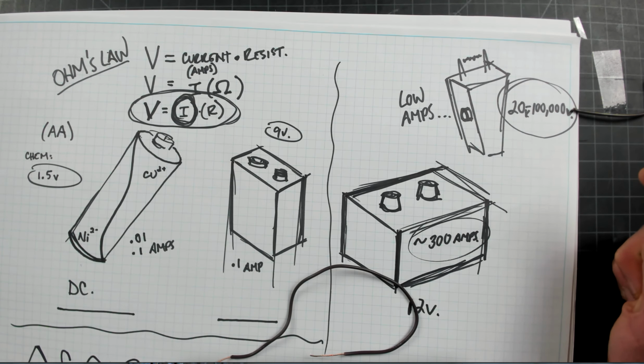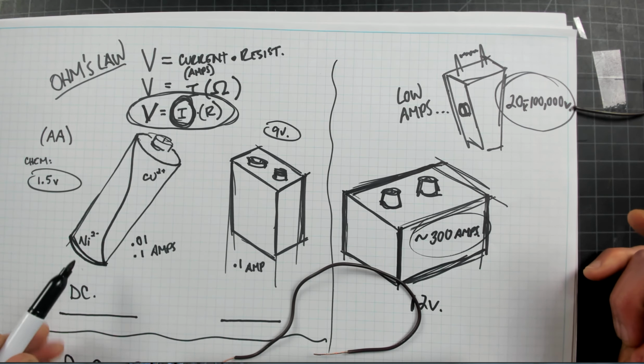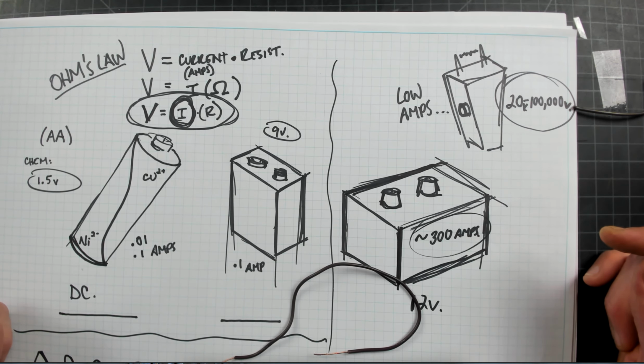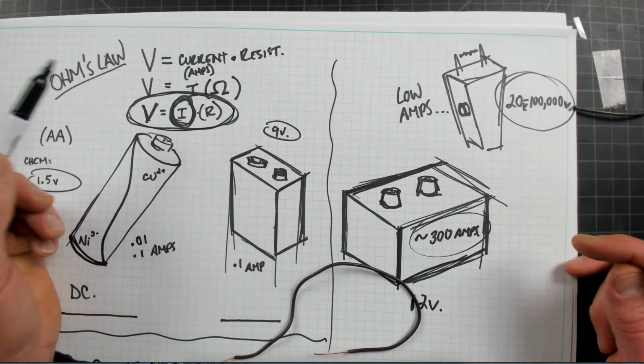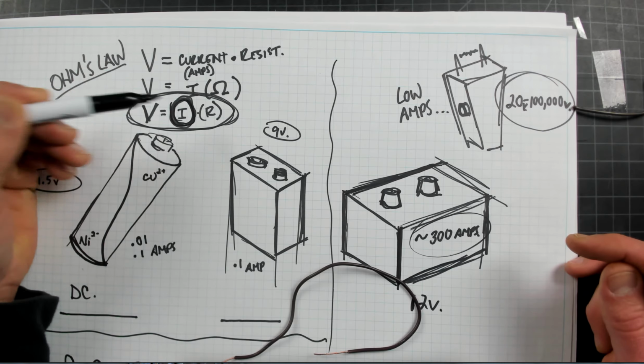All right, so we talked about Ohm's law, and we addressed the misconception that it's the voltage that hurts people if they get shocked or electrocuted. It's really, there's a bigger equation here, and in those cases, you want to be paying attention to the amount of amperage that's in the system.